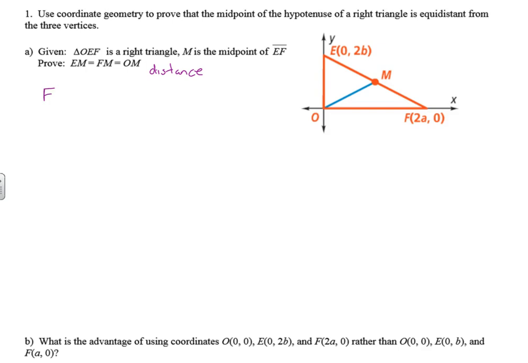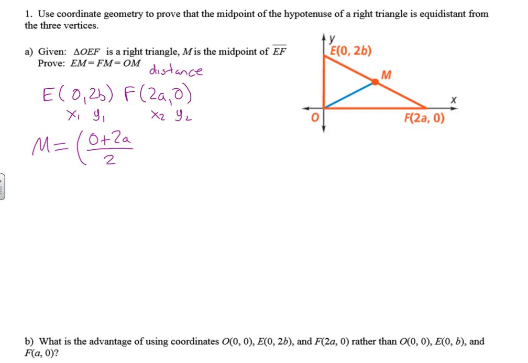So E is 0, 2b, and F is 2a, 0. This is our x1, y1. This is our x2, y2. And so M is going to equal 0 plus 2a divided by 2, and 2b plus 0 divided by 2.